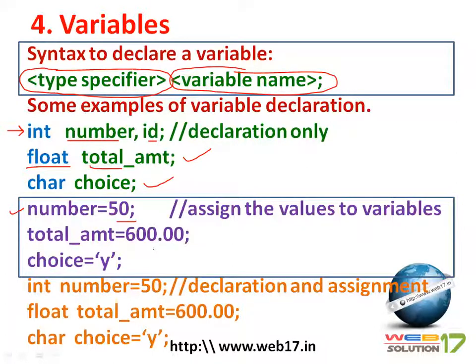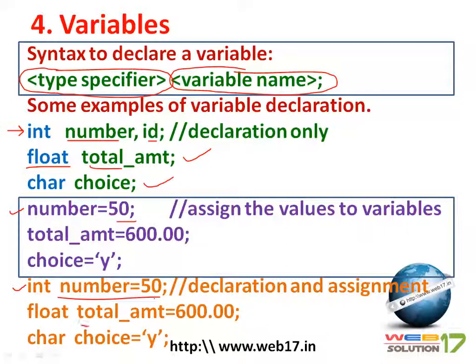We can also do both things, declaration and assignment, in a single line, like this: int number is equal to 50. This is also called declaration plus initialization. When we assign a first value to a variable, it is also called initialization. Total_amount as 600 and choice is equal to 'y'.